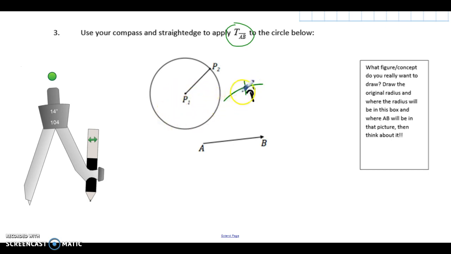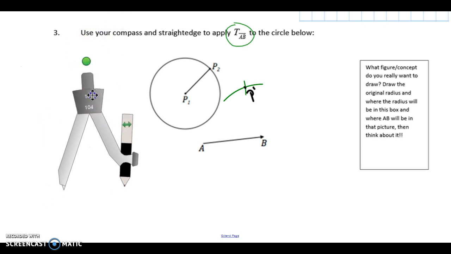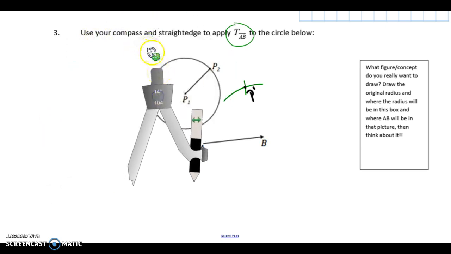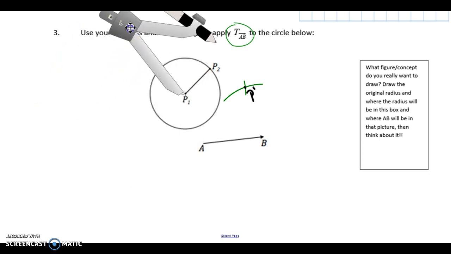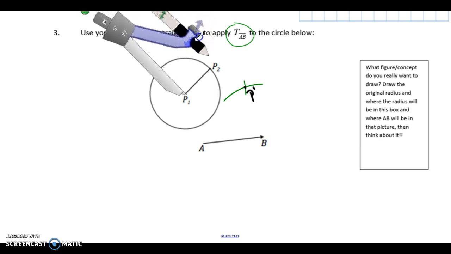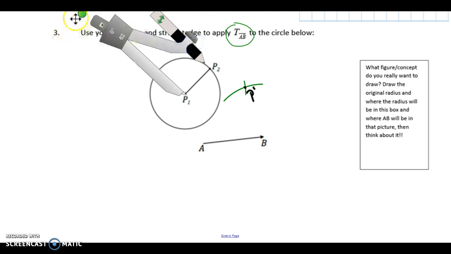The next thing I'm going to do is draw the circle with the same radius as my original circle over here. So I'm going to use my compass now to measure the radius of the circle. So I've got to turn this a little, and I'm going to put my pencil on P prime and my point on P. Turn it a little more.